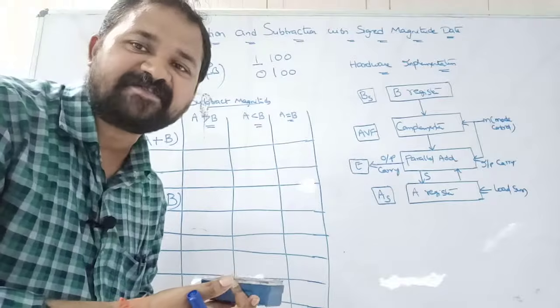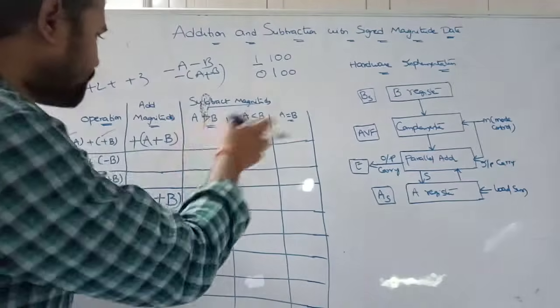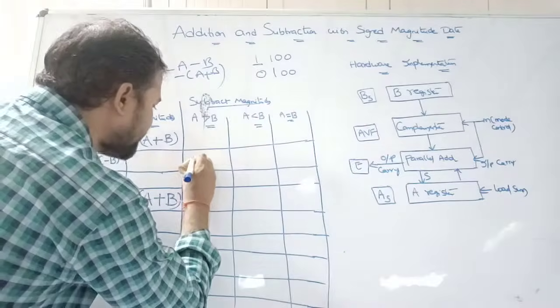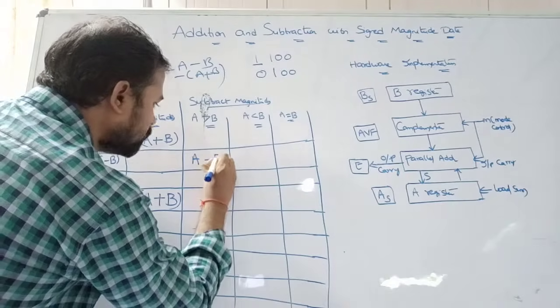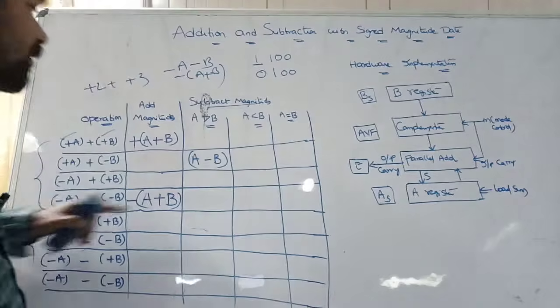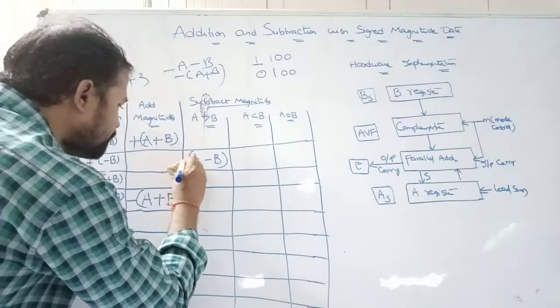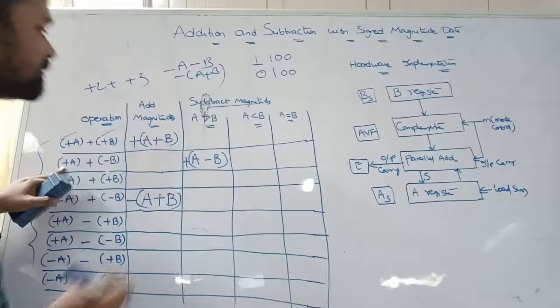We check whether A is greater than B. If A is greater than B, subtract the smaller number B from the larger number A. The resultant sign will be the sign of A.